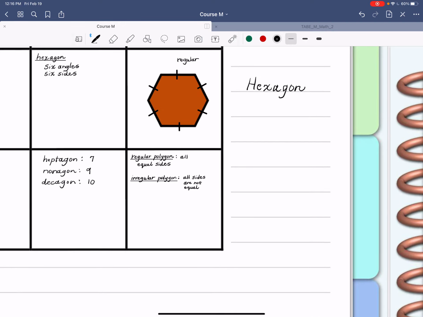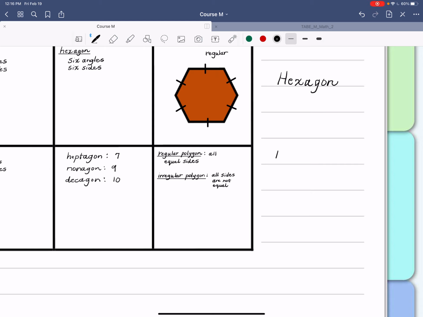And then down here, let's list the prefixes. Hepta, nona, and deca. And then we also talked about regular and irregular.